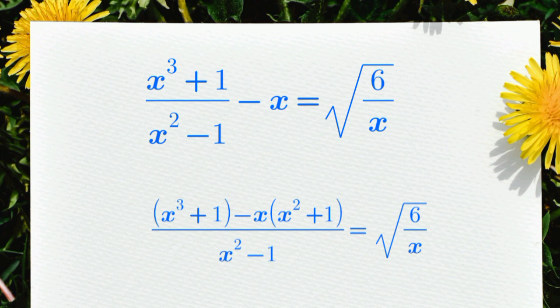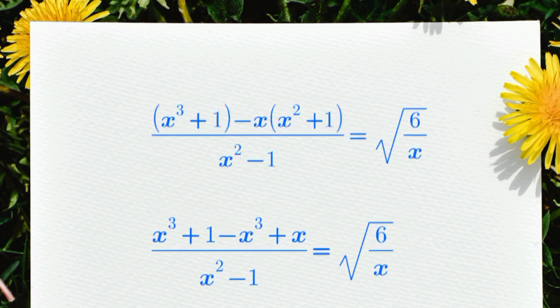Now, when we open the bracket, we'll have (x^3 + 1 - x^3 + x)/(x^2 - 1).